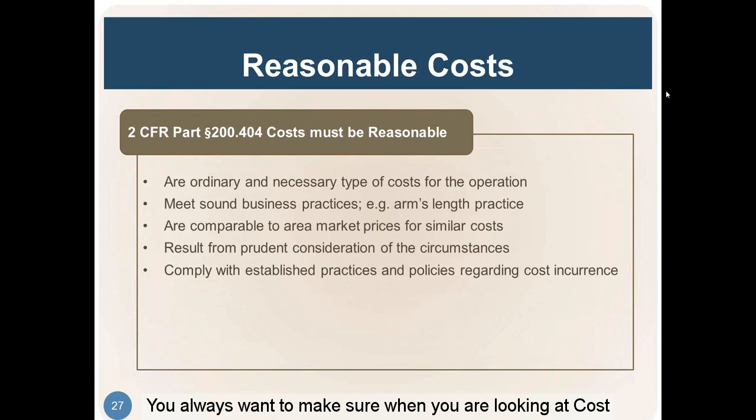And you always want to make sure, when you're looking at cost allocation plans or anything else, that you have sufficient supporting policies and procedures that really justify decisions made in those plans or rules.